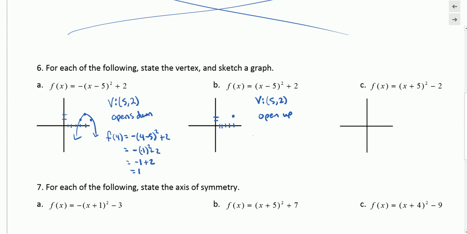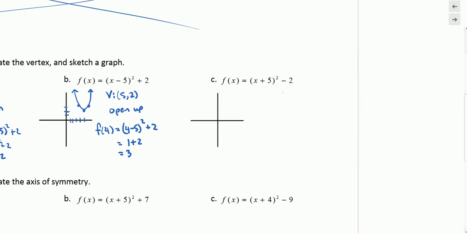opens up. I want one more point of accuracy. I'm going to plug in 4 again. This time I get 1 plus 2, which is 3. So, something like that. And lastly, we have a vertex at negative 5, negative 2 opens down.